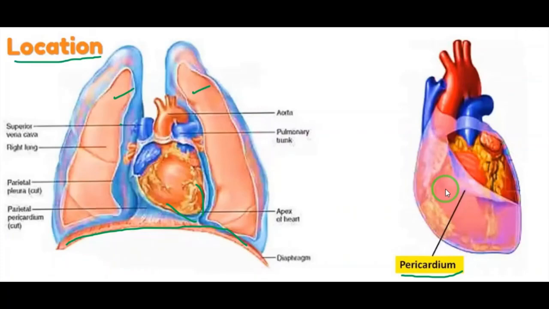At that time, this fluid absorbs the shock and protects our heart. So these are the two functions: it reduces friction during the heartbeat and protects the heart from mechanical injuries. Have you all understood?